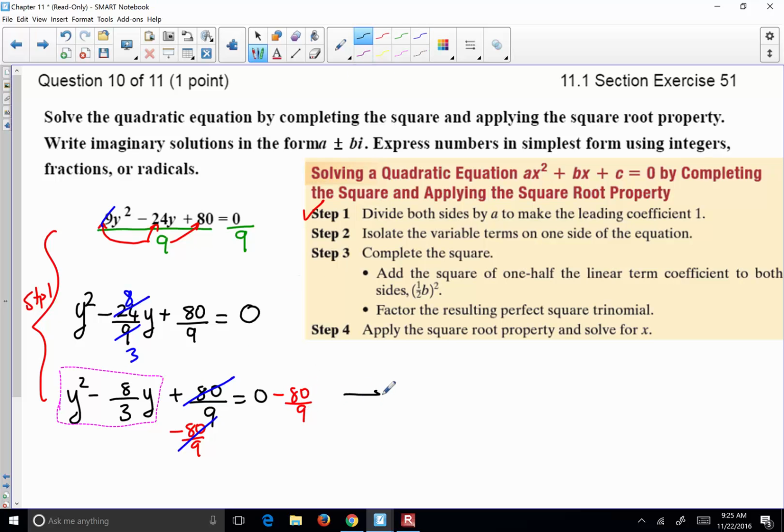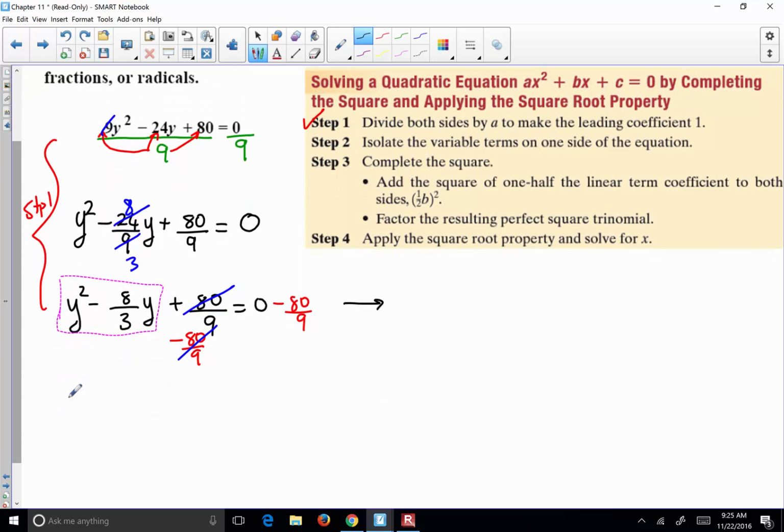Okay, so we have y squared minus 8 over 3y. Let's go underneath. Y squared minus 8 over 3y. Space, this is gone to the other side. And step 2 is over.